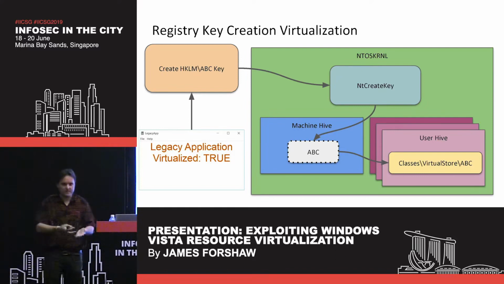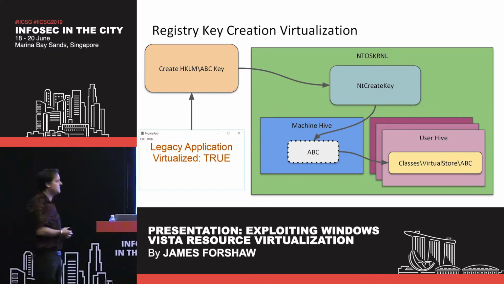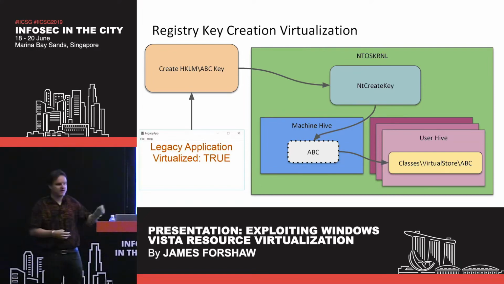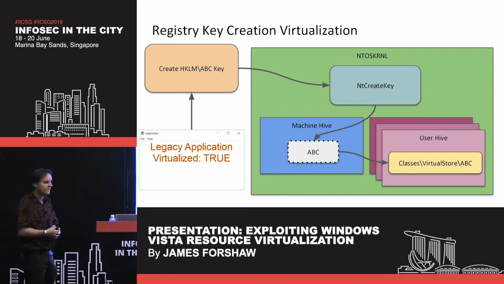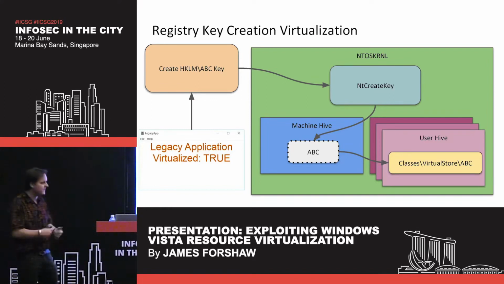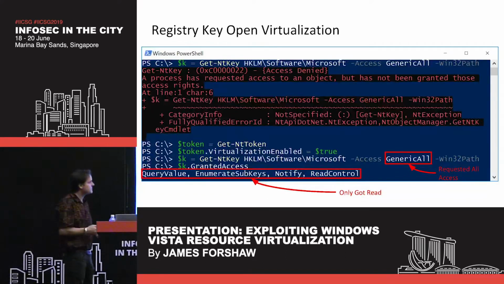At that point, that registry key is, for all intents and purposes, virtualized. From the application's perspective, it created HKEY_LOCAL_MACHINE\ABC, but in reality, it created this virtual store key. Now, of course, the operating system then has to maintain this fiction that it really did create the local machine ABC key, because if it doesn't, bad things can potentially happen.